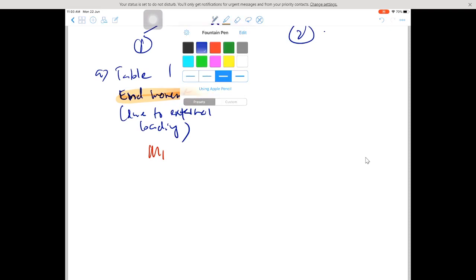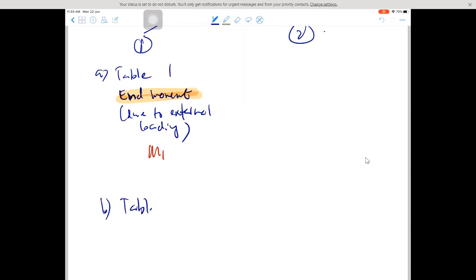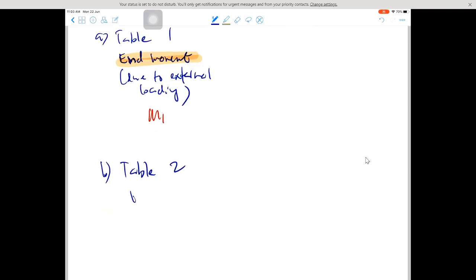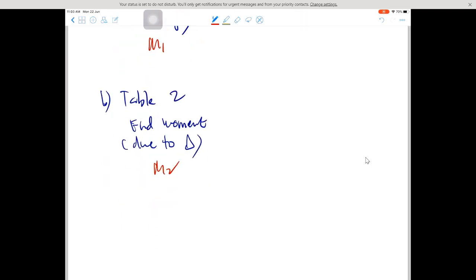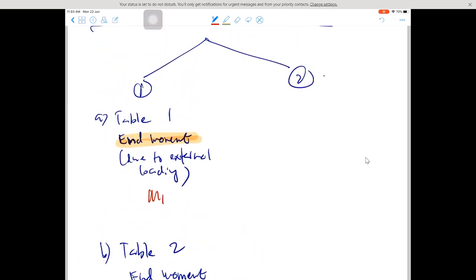And we will continue with table 2, member end moment due to delta. This will become M2. So the final member end moment equals M1 plus M2. This is the way number 1. This is option number 1.